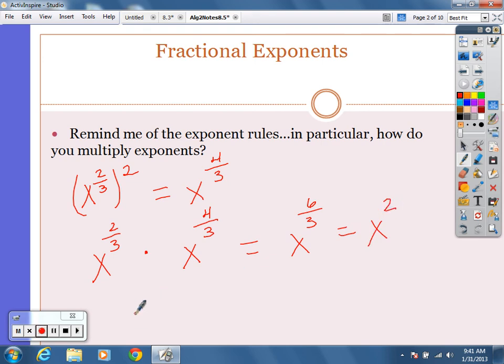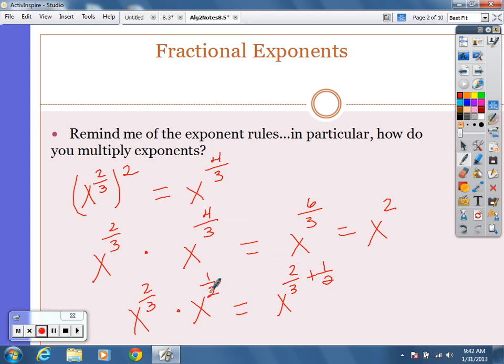Now if I have x to the 2/3 times x to the 1/2, is this as easy of a problem? No. What makes this more difficult is that I don't have the same denominator in my exponents. So what do I do here?